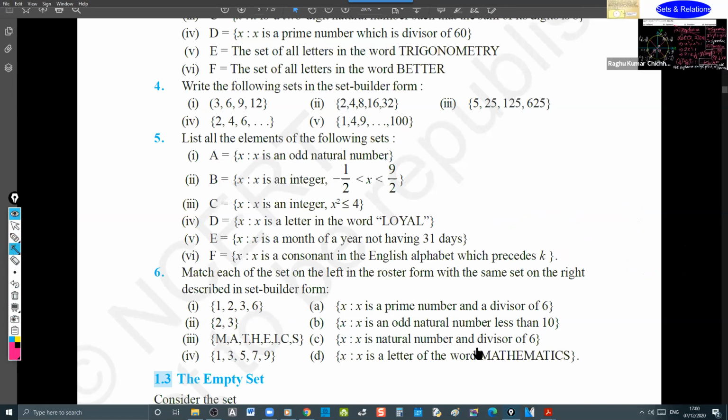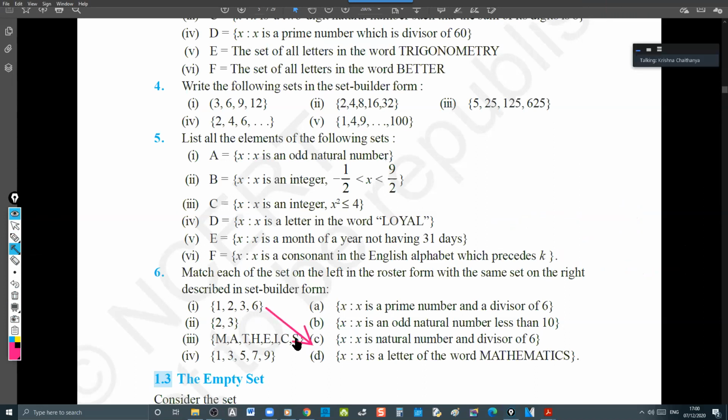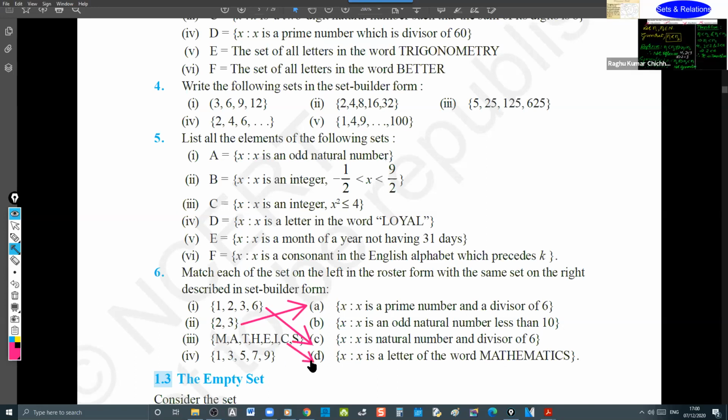X is a natural number and divisor of 6. Very good. The second one I would match with A: prime number and a divisor of 6. The third one I would match with D. And the fourth one is B. Done.